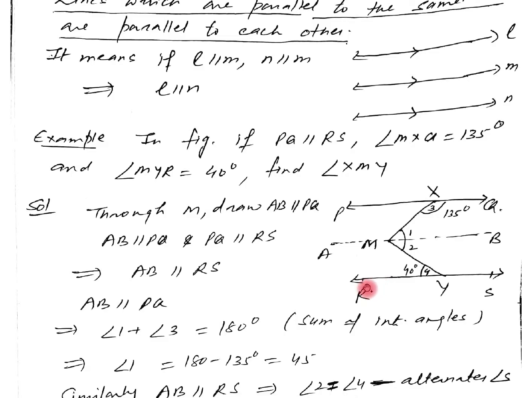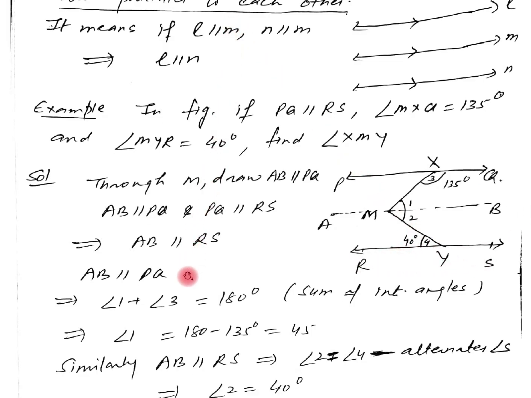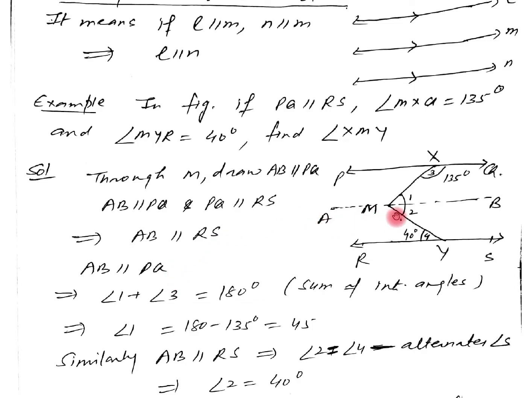Now in this question we first have to do a construction. Through M, draw AB parallel to PQ. Now AB is parallel to PQ and PQ is parallel to RS. Therefore we can say AB is also parallel to RS by using this concept. Now we have to find angle XMY.